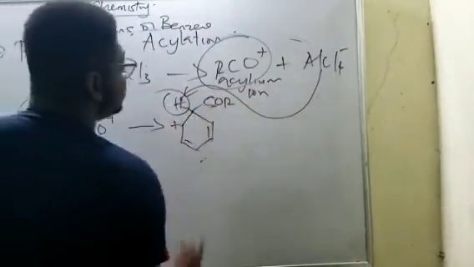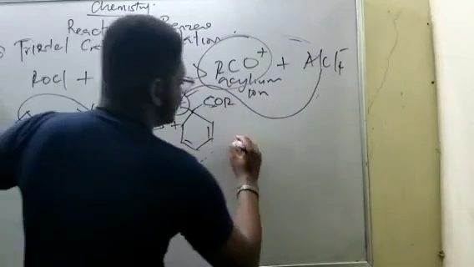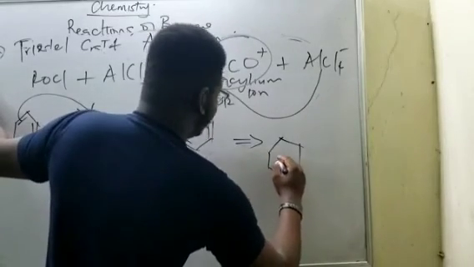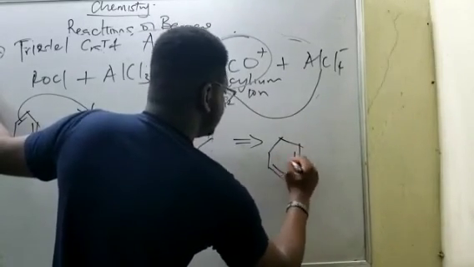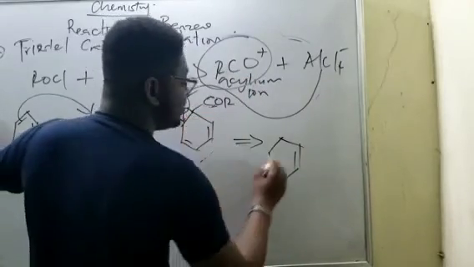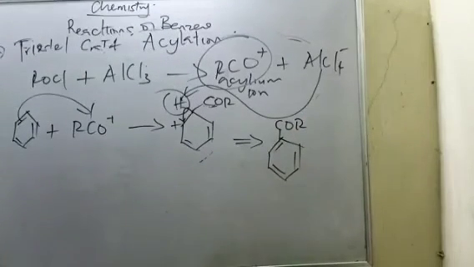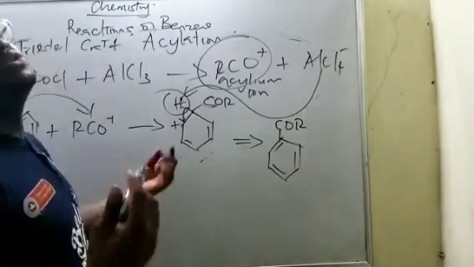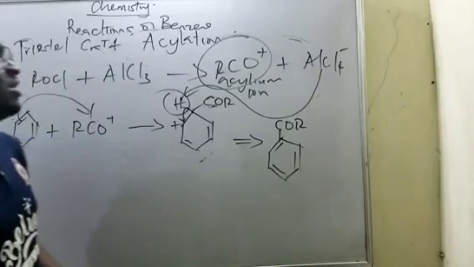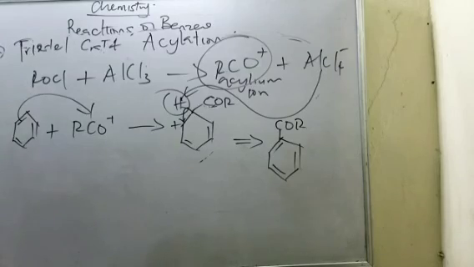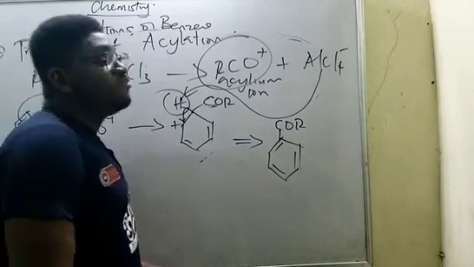This abstracts the proton, and when that happens, this bond collapses. We are left with COR, where R can be any alkyl. So for instance, I can prefer to use CH3, ethanoyl chloride, where I'm having our R represent a particular alkyl, and that is all on Friedel-Crafts acylation.